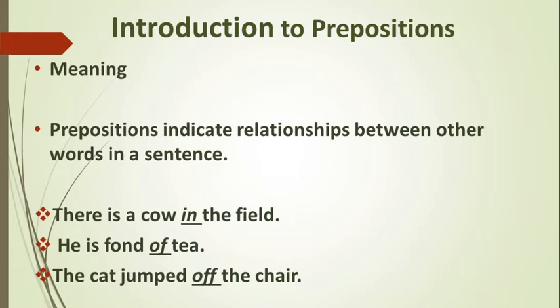In the second sentence, the word of shows the relation between the attribute expressed by the adjective fond and tea. Here, the preposition joins a noun to an adjective. In the last sentence, the word off shows the relation between the action expressed by the verb jumped and the chair. Here, the preposition joins a noun to a verb.